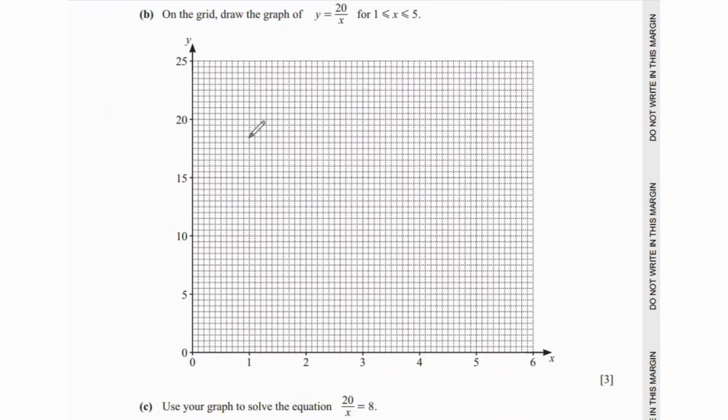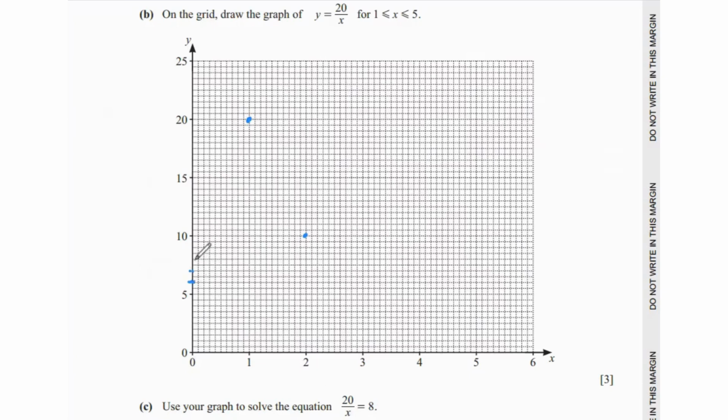So 1 and 20 is going to come over here. Then we have 2 and 10. That's over here. Then we have 3 and 6.67.